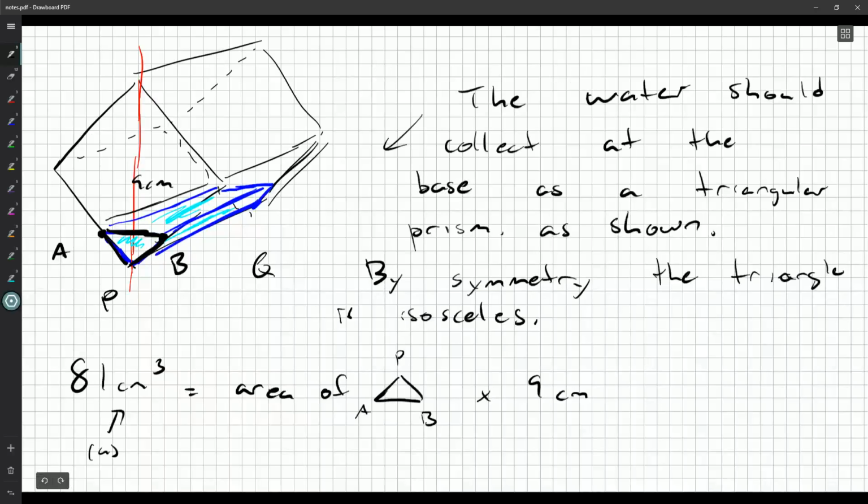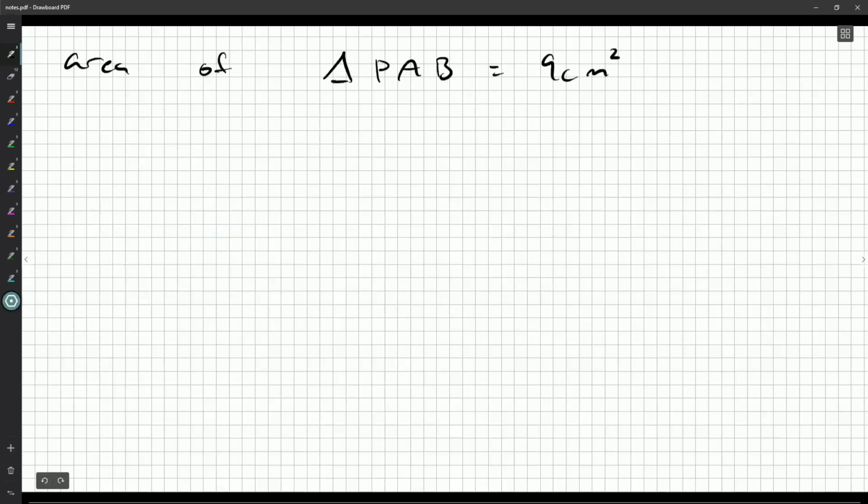Okay, but now, what do we want? We want the height here. And I can see, because it's in the corner here, PAB is a right angle. So angle APB is 90 degrees. You could say something like it's in the corner of the square, or whatever you want to.